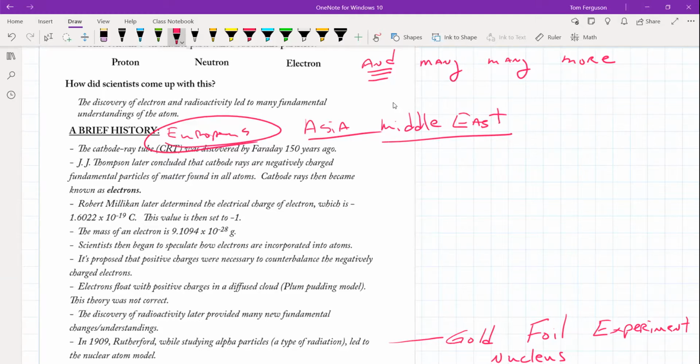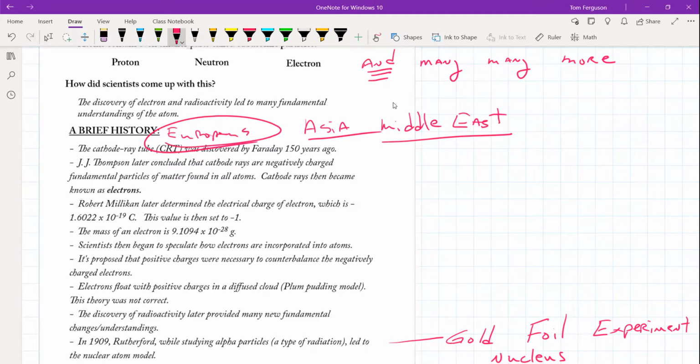Now, in Asia particularly, thousands of years ago, they were experimenting with chemicals. They had their own stuff going on in terms of alchemy-like kinds of things, way before the Europeans, thousands of years before the Europeans. In the Middle East, the same thing. The Asians were the oldest.